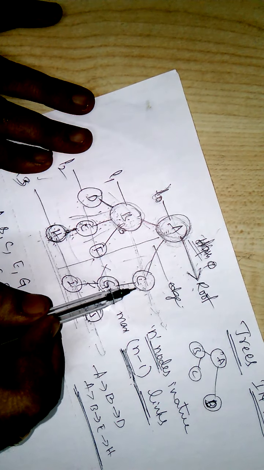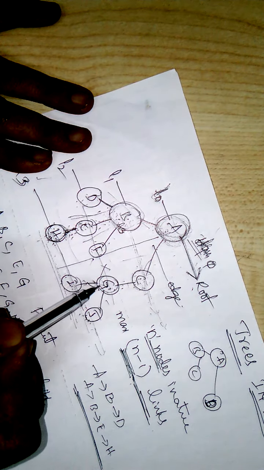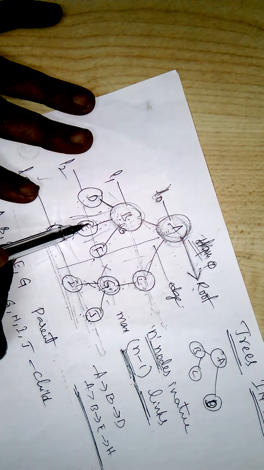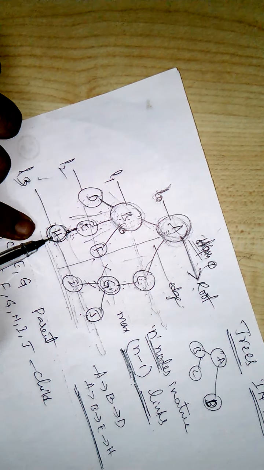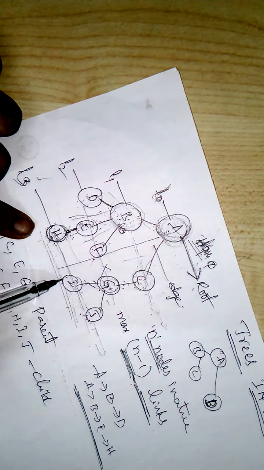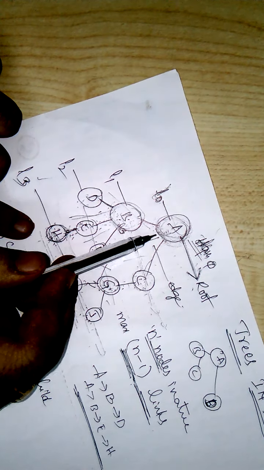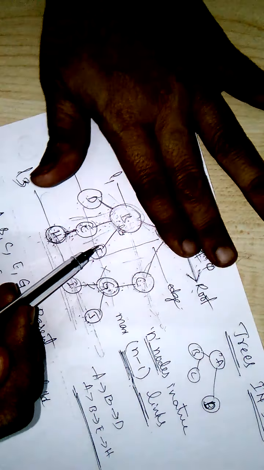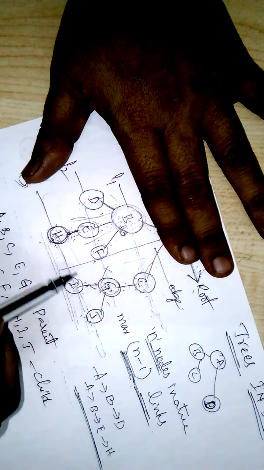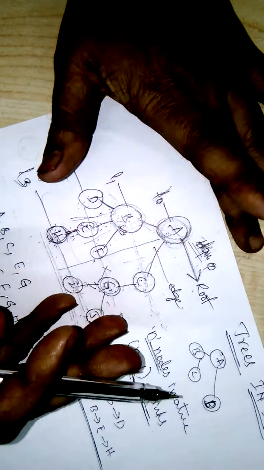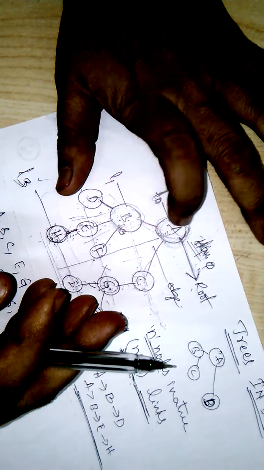C is called a parent which has one child, and E is also a parent which has one child H. G is also a parent which has I and J. We can call root also a parent which has all the children. Except the root, all the remaining nodes in a tree are child nodes of the root A.